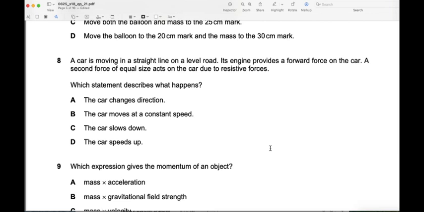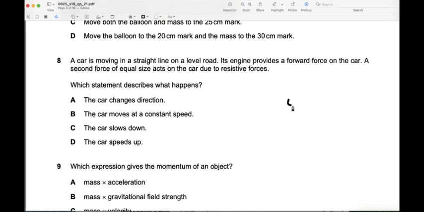So what happened? A car is moving in a straight line on a level road. Its engine provides a forward force on the car. A second force of equal size acts on the car due to resistive forces.